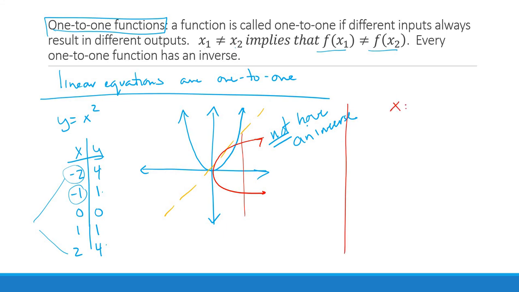If I change this to x equals y squared, this would be my inverse. If I solve for y, I would get y equals plus or minus the square root of x. That means that every input can give me two different outputs. If x over here is 4, y could either be plus or minus 2. So you can see that this is not a function.